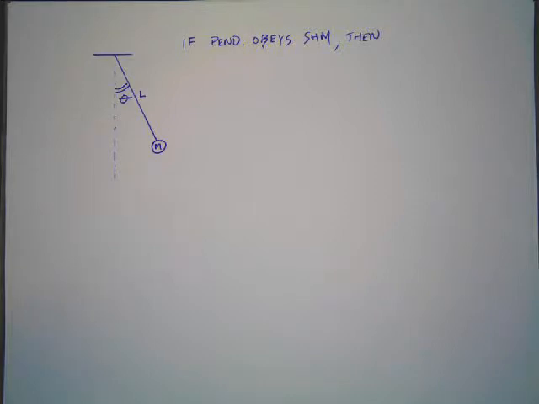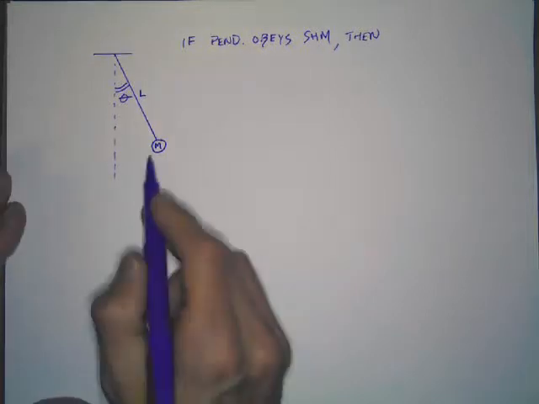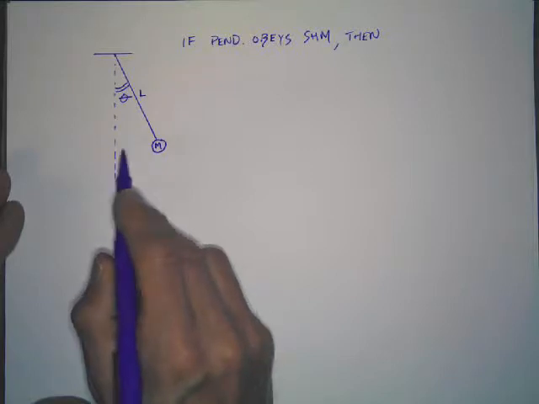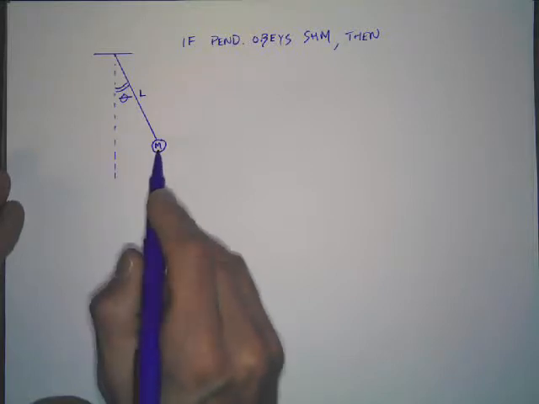So if we look at that picture, there should be a restoring force that's going to be pulling the mass back towards that dashed line. And that force that pulls the mass to the left should be directly proportional to the distance of the mass from that line. So it's a lot like a spring.